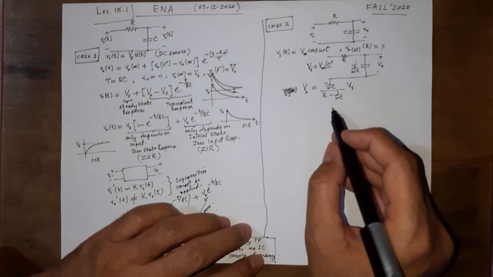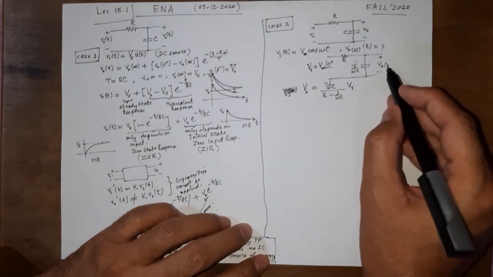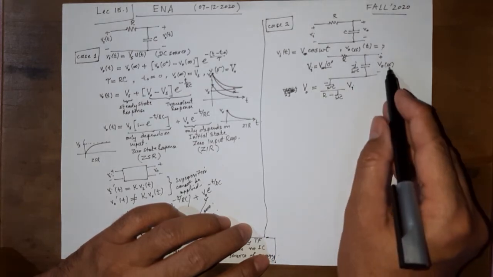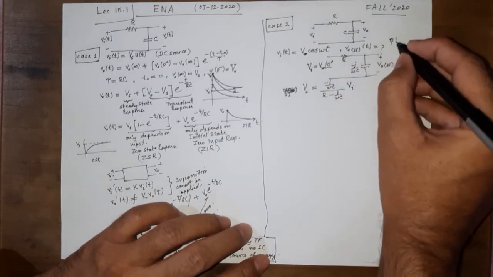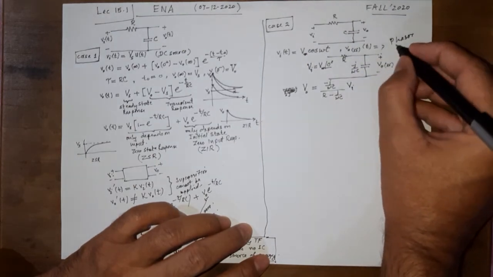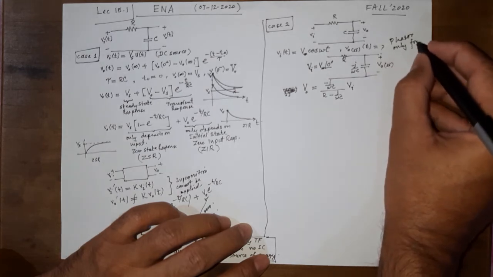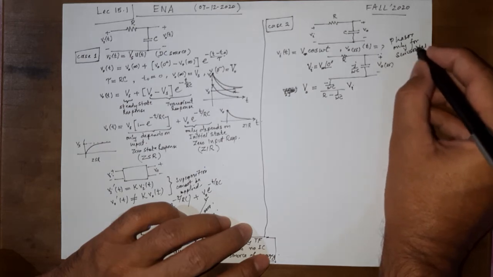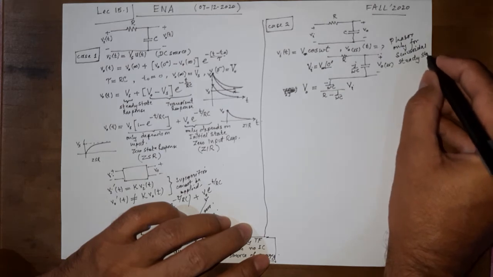Now please pay close attention that this is the steady state output that we are dealing with. We are not going to write this again and again, but the concept of phasor was used only for sinusoidal steady state analysis.